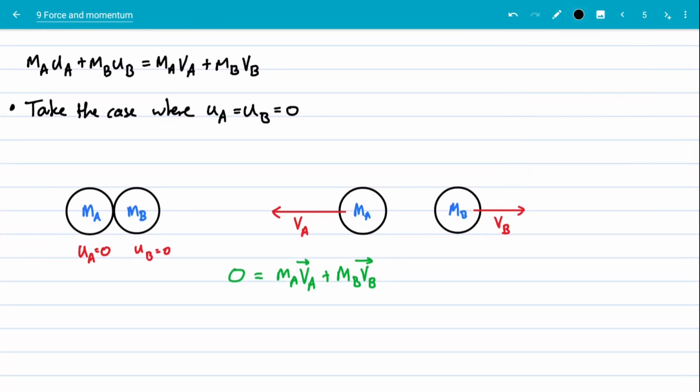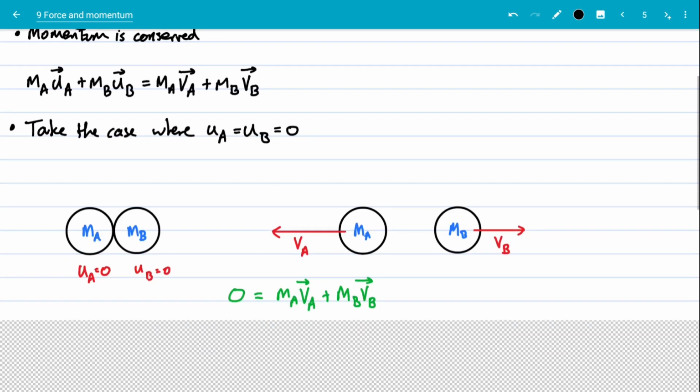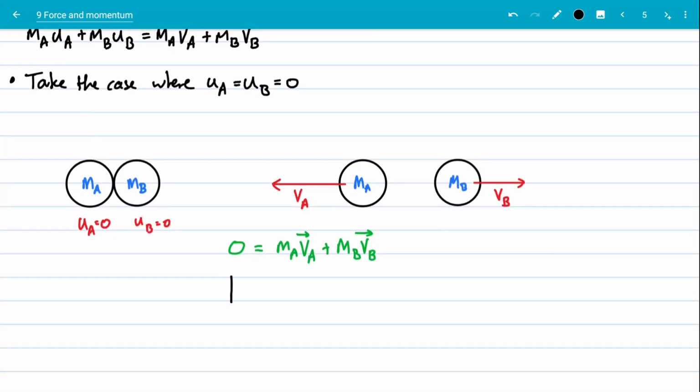And remember that exam boards are very bad at doing that, so you might have to put a minus sign in for va because it's going to the left. That means that the magnitude of ma va is equal to the magnitude of mb vb. And that is true for explosions.